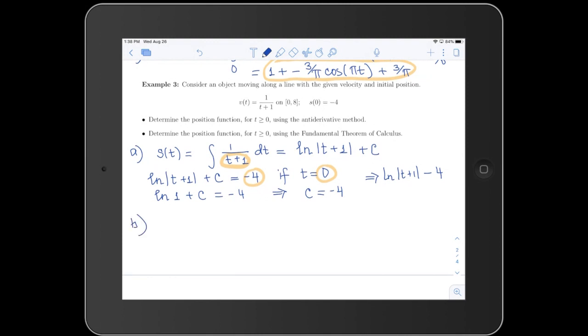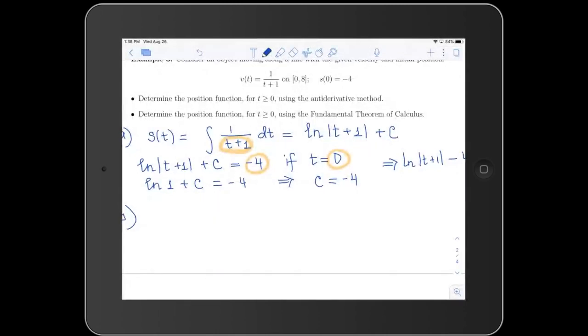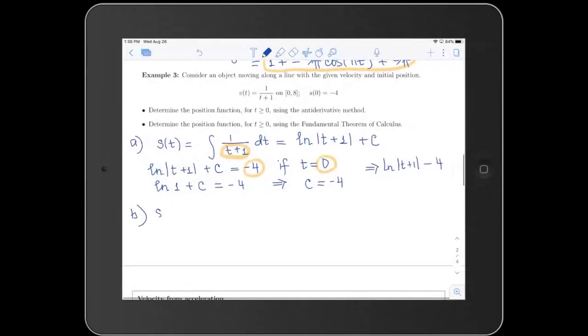Okay. All right. Second part. Using the fundamental theorem of calculus. So our initial condition is still -4 plus the definite integral. We're going from 0 to t, and now I introduce some dummy variables. So this is 1 over x plus 1 dx. Okay. We get -4 plus what?